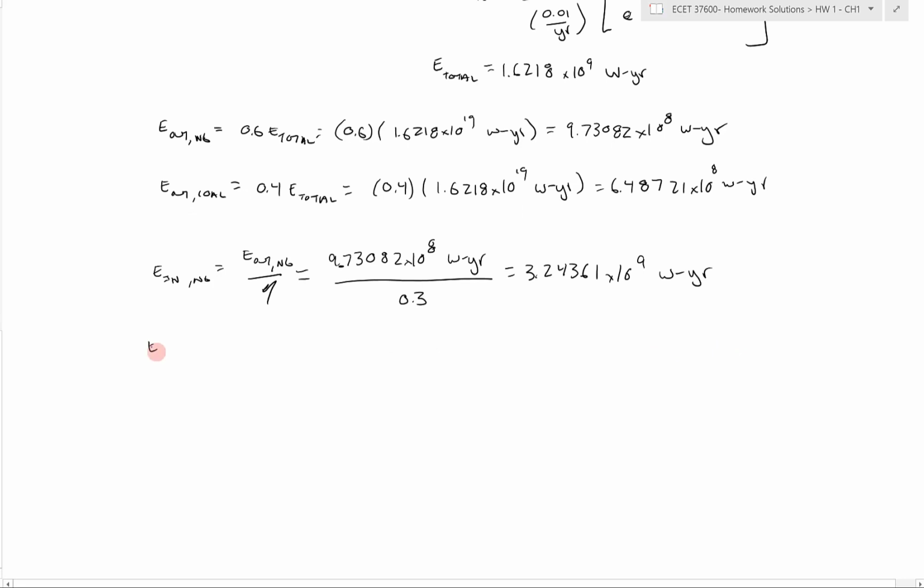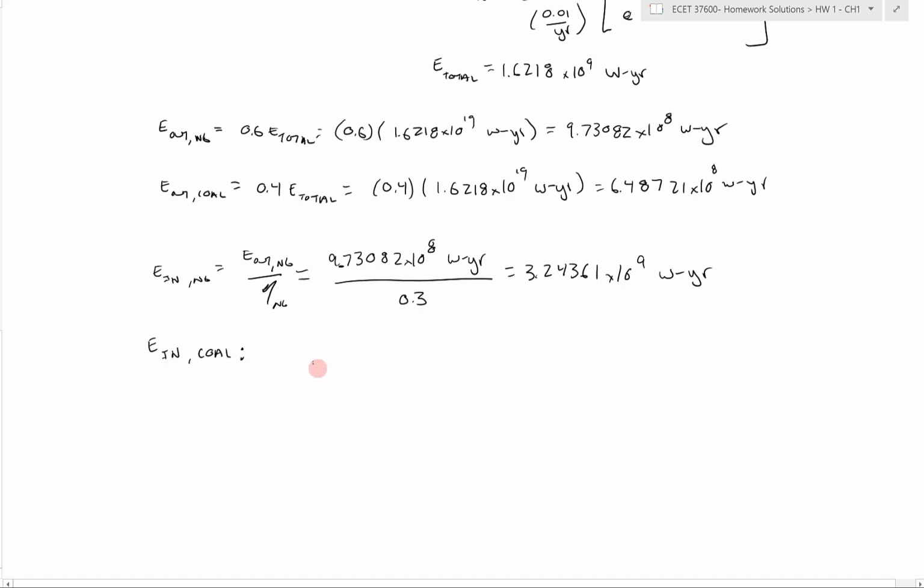Then I want to know what E in coal is. The problem is I wasn't given the efficiency for coal. I was given heat rate. And so before we can calculate this, we need to convert the heat rate over to an efficiency.